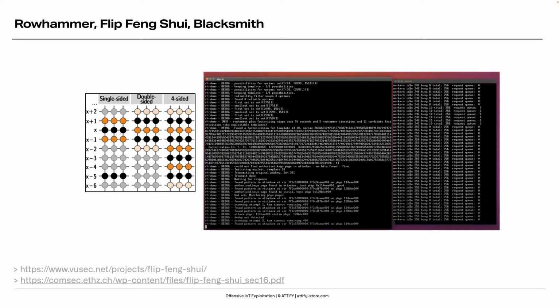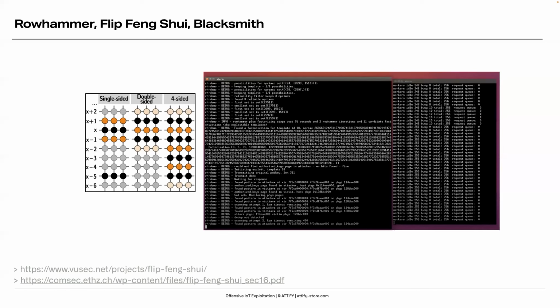Whenever a particular row is accessed, it leaks a small amount of energy, charging the nearby cells. If that memory access is coordinated in a way so that it's very frequent, like millions of times per second, it creates a lot of energy leakage, and that flips the bit that is next to it, or the neighboring bits.